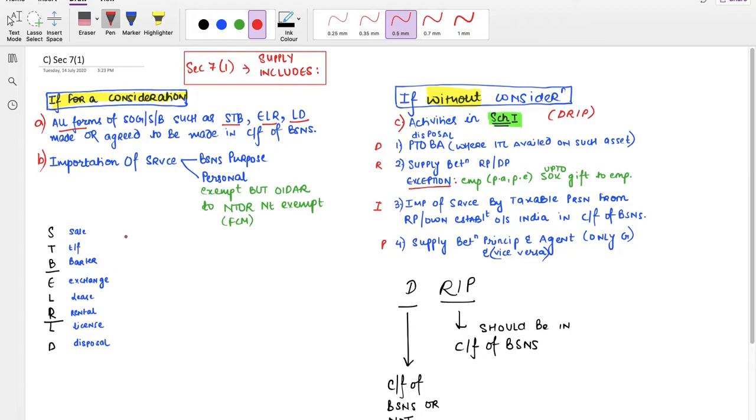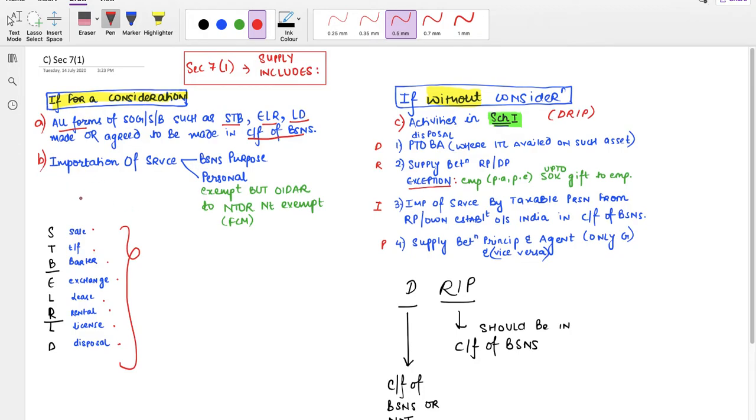What are these? I have written it down here. This is for you to be able to memorize it easily. Sale, transfer, barter, exchange, lease, rental and license and disposal. So all forms of supply such as sale, transfer, barter, exchange, lease, rental, license and disposal, made or agreed to be made in course or furtherance of business, related to business.